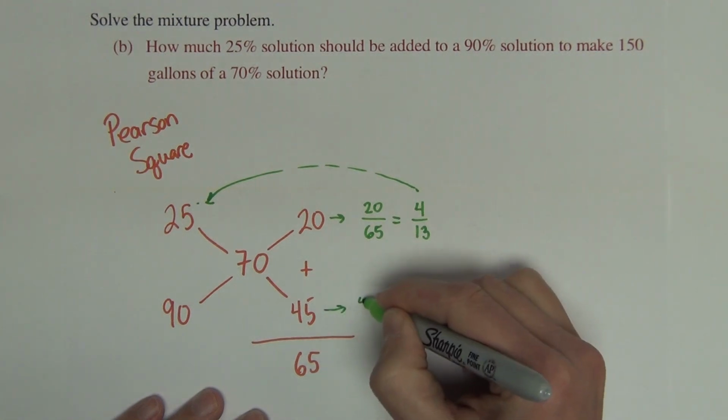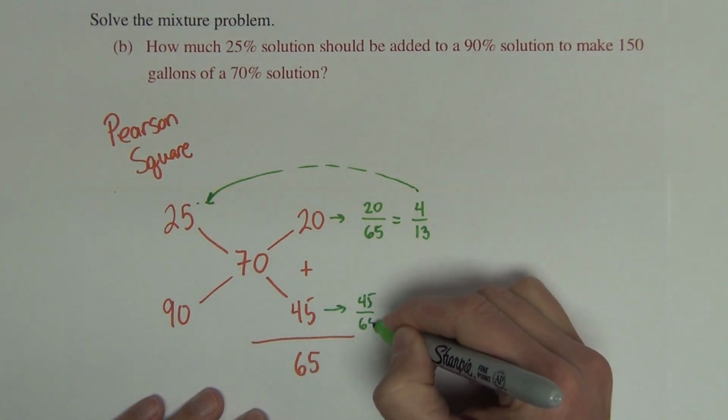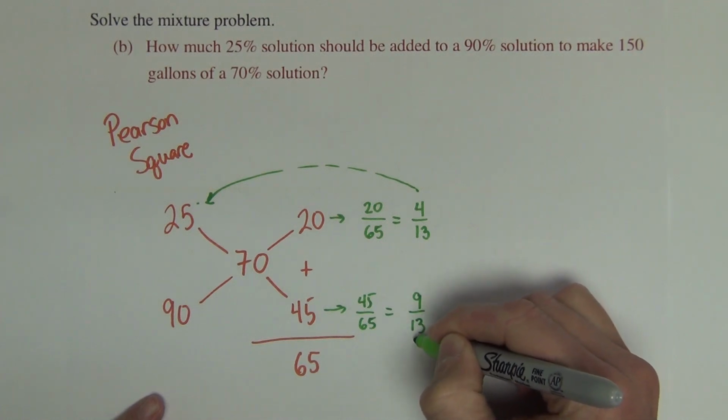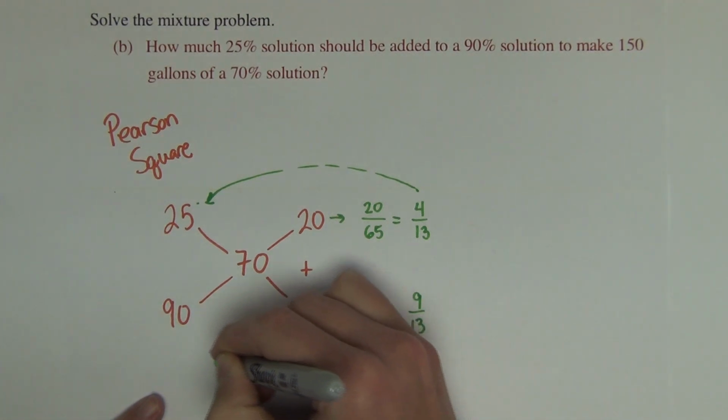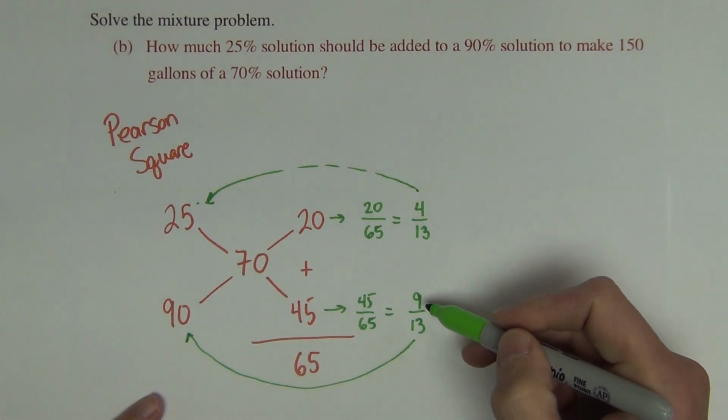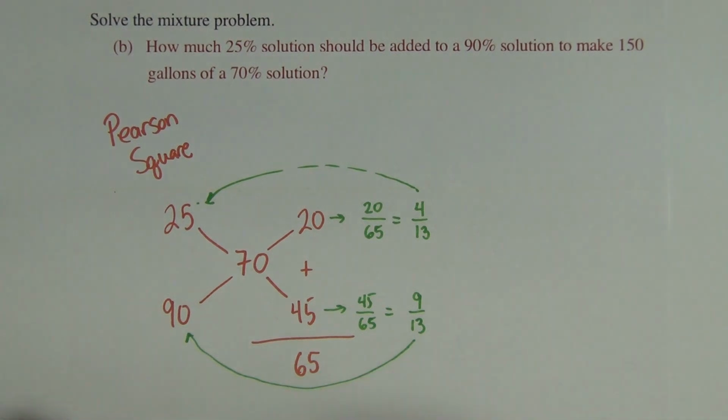And here we've got 45 65ths, which reduces to 9/13. 9/13 of my total should be the 90%. So I should have more of the 90% than I do the 25%.